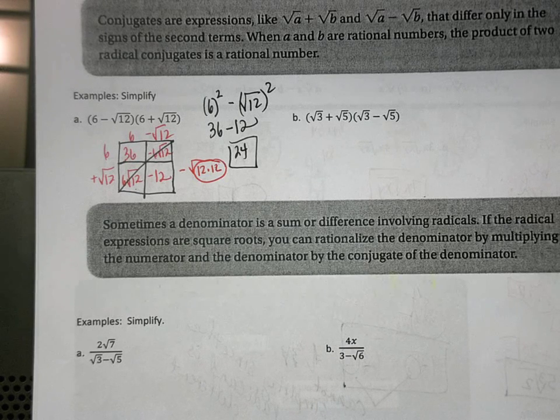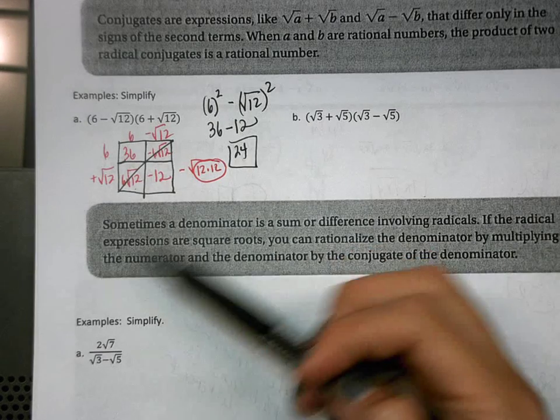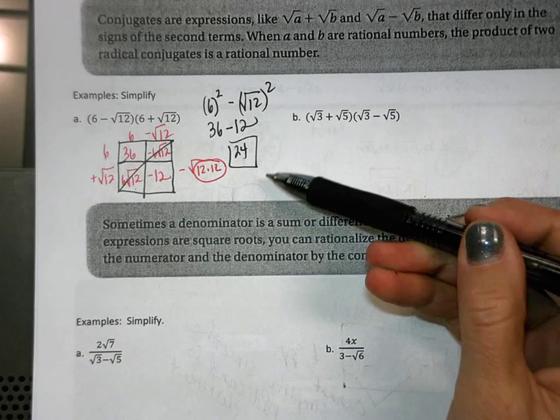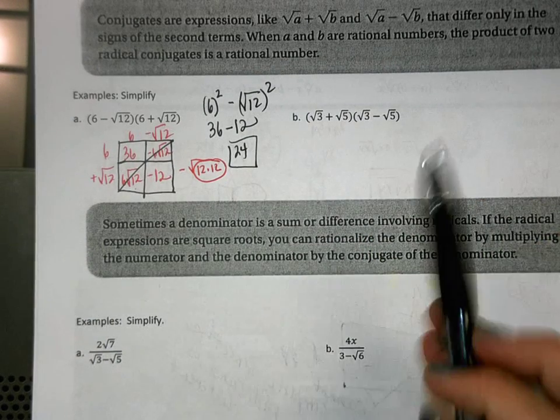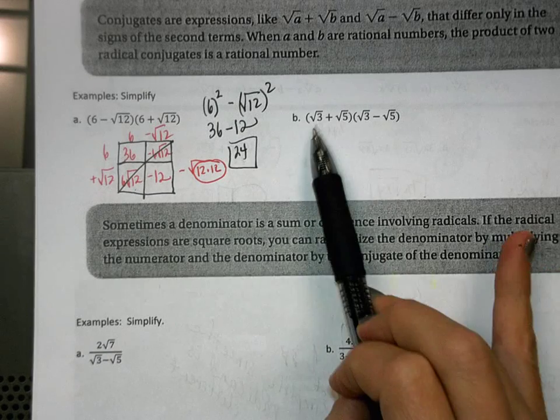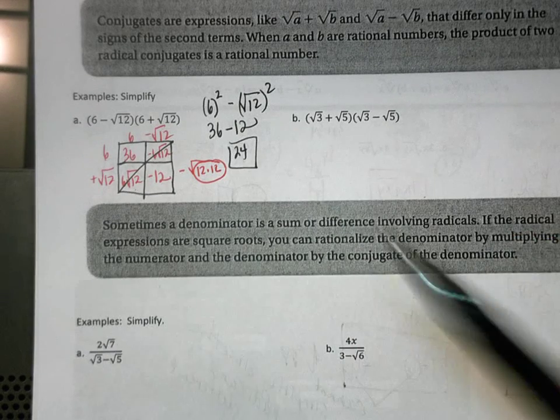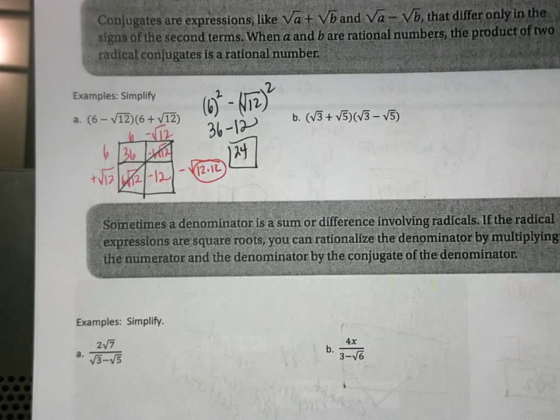Minus root 12 squared is 12, which is exactly what I got when I multiplied this all out. And 36 minus 12 is 24. So basically when you're doing the conjugate, you are squaring both the terms with a minus in the middle. You're just basically unfactoring it.